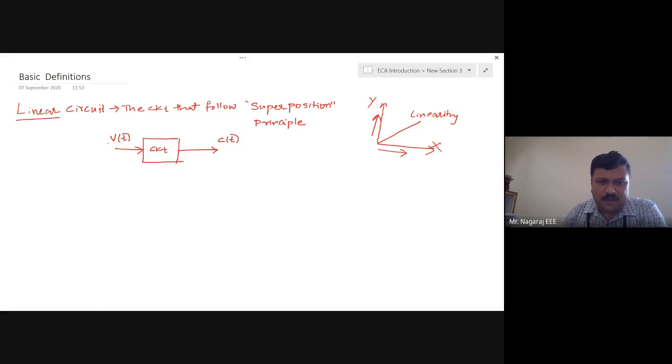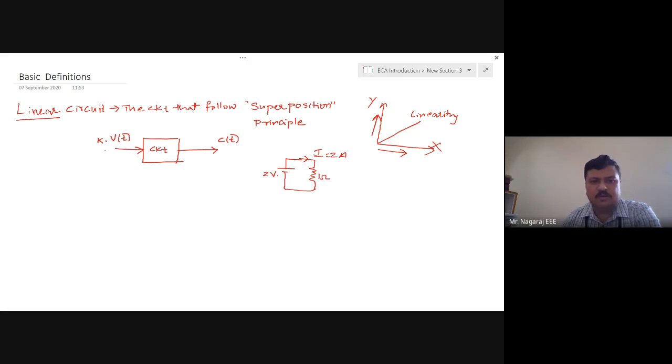Now, if I multiply this input by k times, say suppose I am giving 2 volts to the circuit and I am getting 2 amps, let me take the circuit as a resistor, 1 ohm, with input 2 volts and output I equals 2 amps.